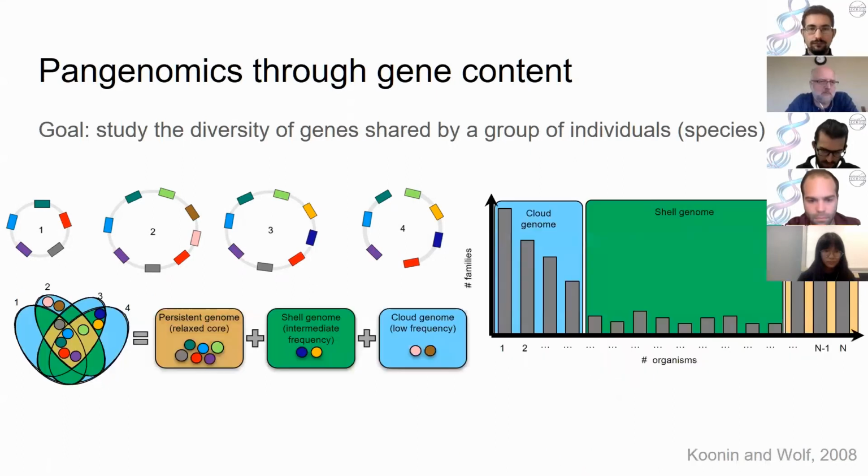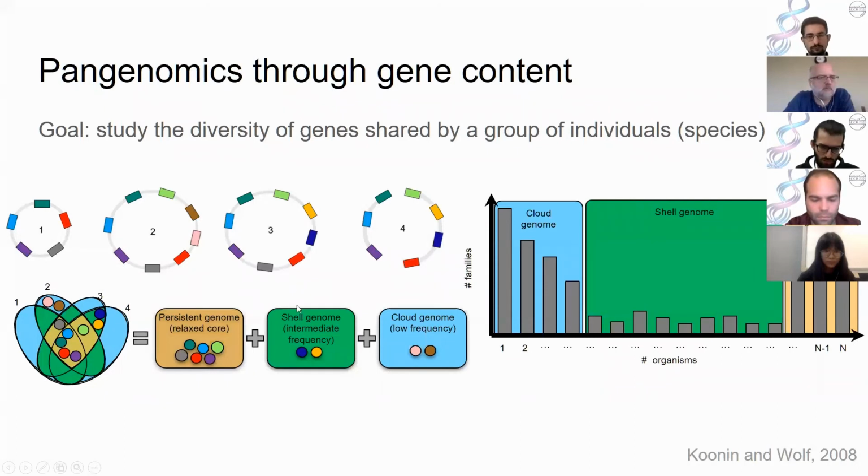While this classification is very straightforward, it is not very practical, since nowadays a lot of genomes that we work with are fragmented. So in 2008, Kunin and Wolf came up with another way to partition pangenomes. That is the relaxed core or persistent genome, which includes genes that are present in most individuals, but not all.